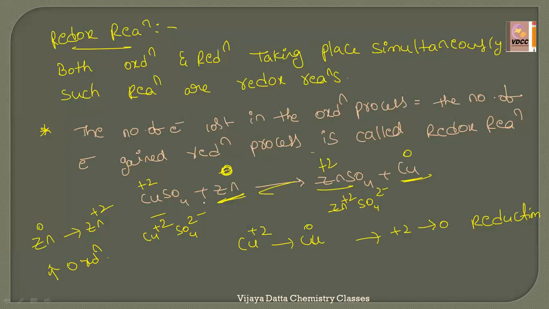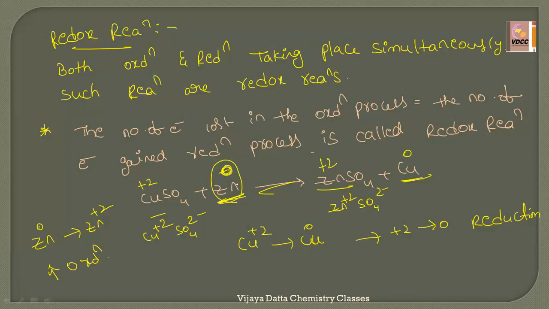How can we write these oxidations? We will calculate anyway. Okay, here is one more important thing. A species which undergoes oxidation is called a reducing agent. Here zinc goes from 0 to plus 2, isn't it?